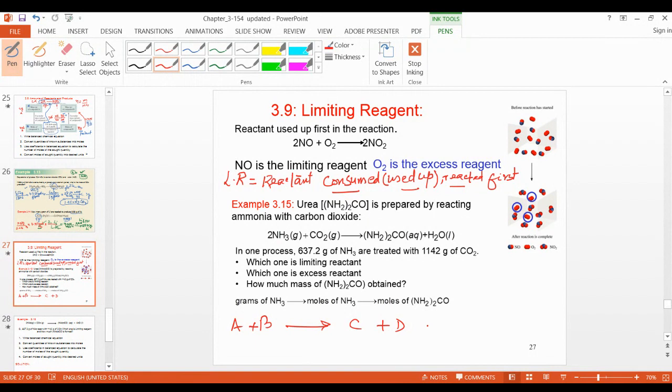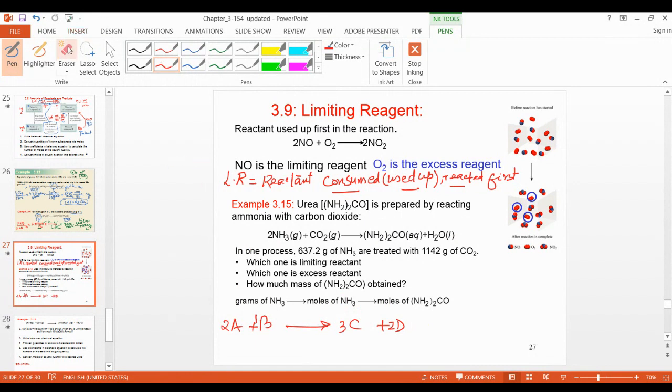We don't know which will be consumed first, so you should know the coefficients. These are the reaction coefficients of the balanced chemical equation, so this also depends on these coefficients.